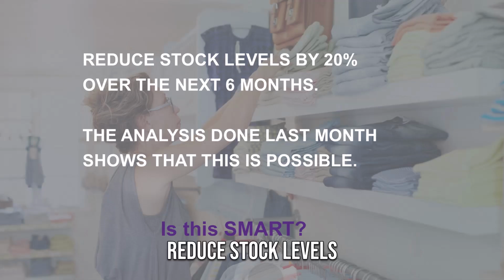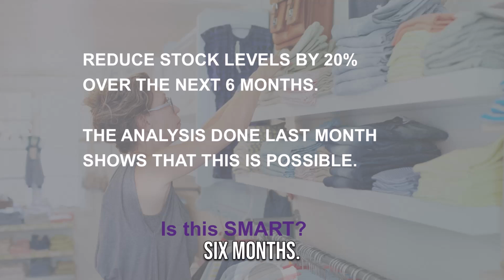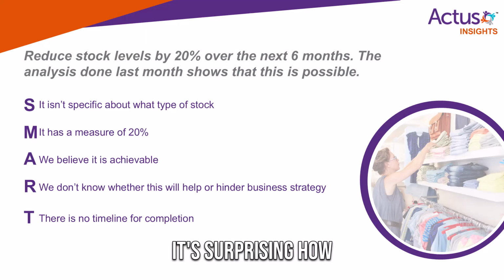Reduce stock levels by 20% over the next 6 months. The analysis shows this is possible. Is this SMART? It's surprising how often people think it's SMART just because there is a percentage. But in reality, this only demonstrates the measure and achievable aspect of SMART.